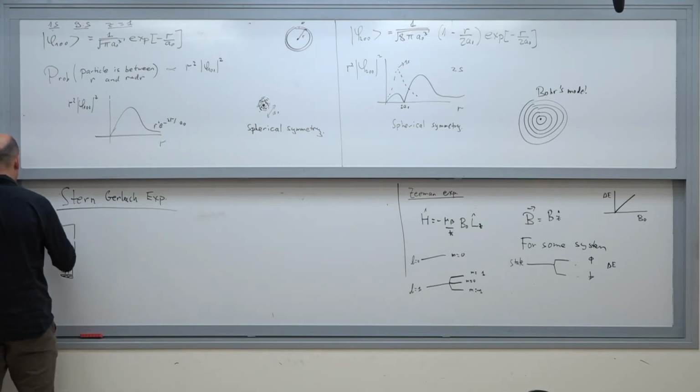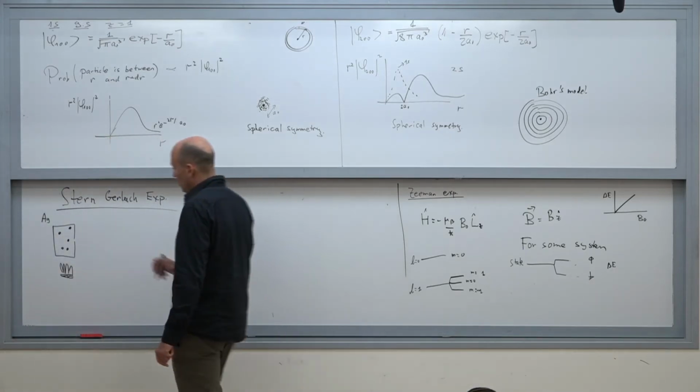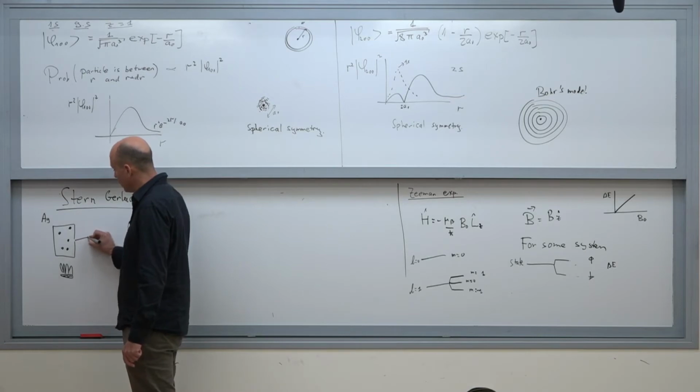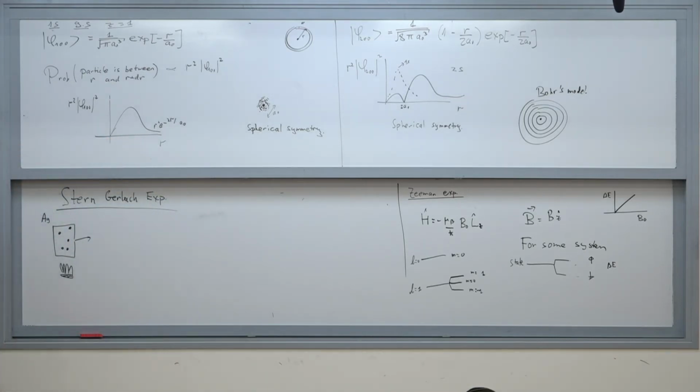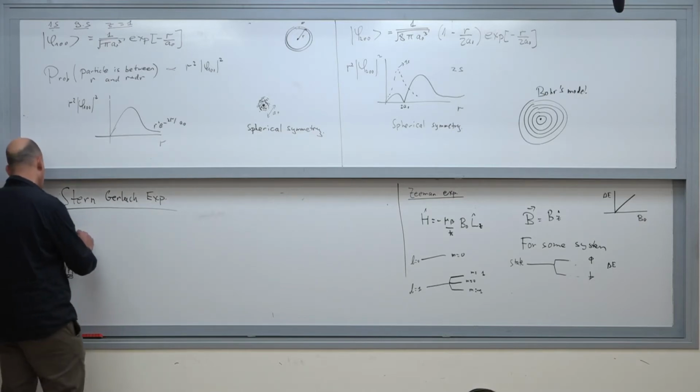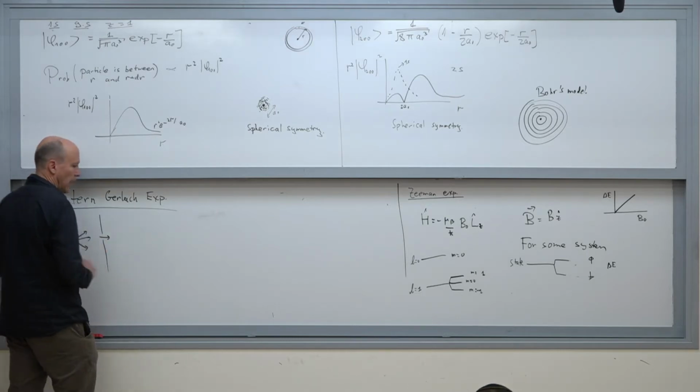So here I have silver, Ag. I'm moving here like crazy because it's very hot inside. And you let some of them get out with velocity v. They go out in all directions, and many of them come out, but then you put another thing and they go through.